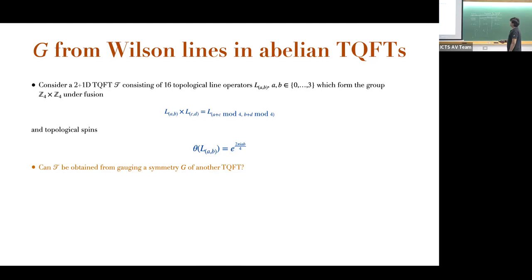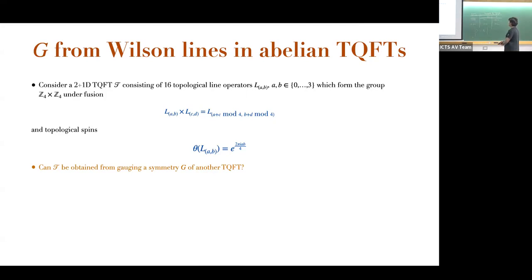So can I independently give the twist, or is there some a priori constraint on this twist? There are constraints. If you are abstractly defining this data, this twist has to be a non-degenerate quadratic function on the group. That is the mathematical constraint that this function has to satisfy.